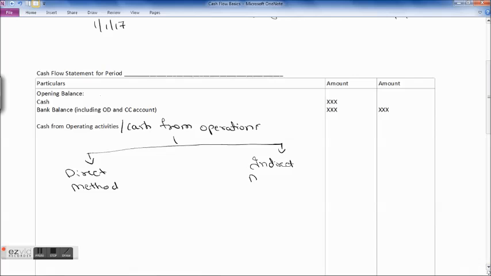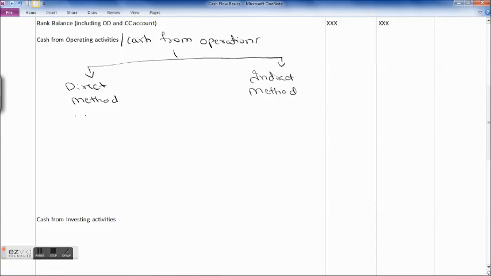In the direct method, we take all operating income, that is your sales, service fee, professional fee, whatever the operating income is, and reduce all the operating expenses from that, so that you get the cash from operating activity.